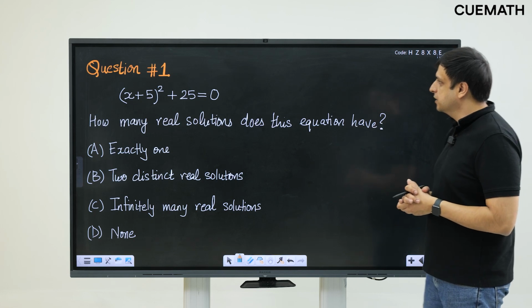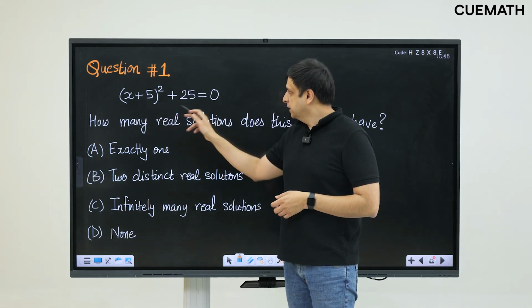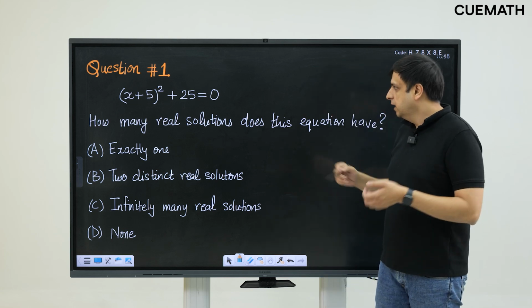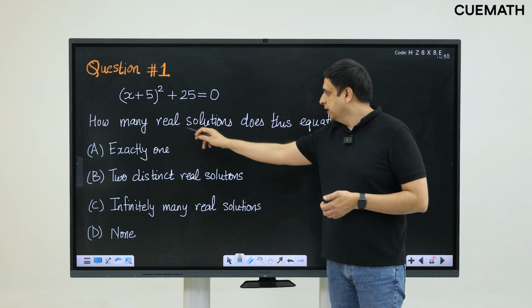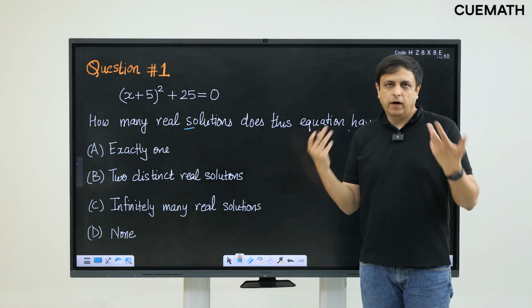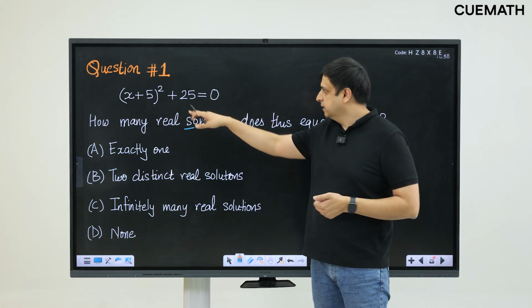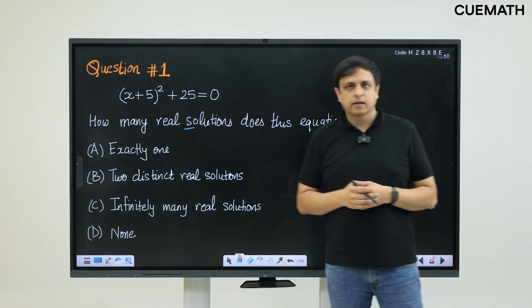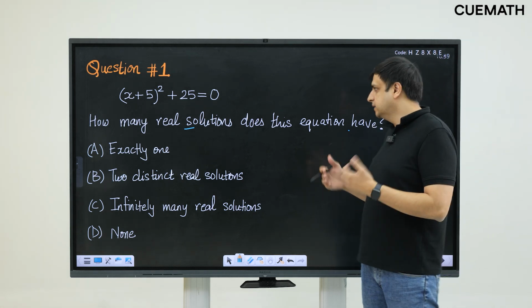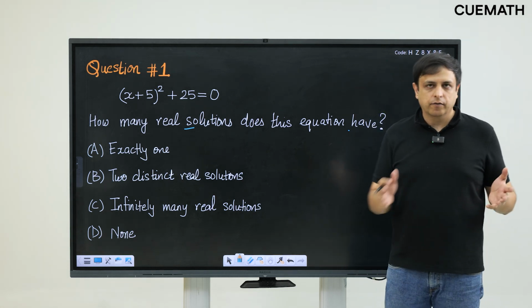Here's our first question, which says this equation, (x + 5)^2 + 25 = 0, is given to us, and the question says how many real solutions does this equation have. One way would of course be to expand this expression, write it as a proper quadratic equation, then find its discriminant and see whether it is positive, negative or 0.